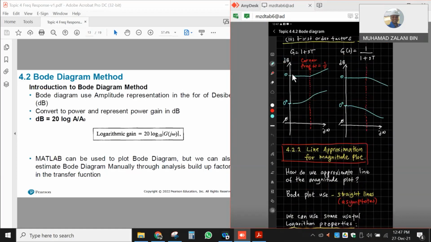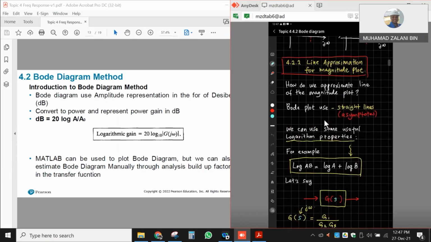That is what we are going to do without any help of MATLAB or software tools. If we want to hand sketch or manually sketch the plot, this is how we can approximate the lines of the magnitude plot.